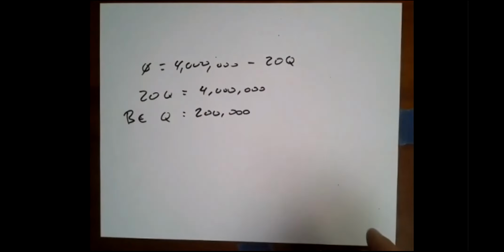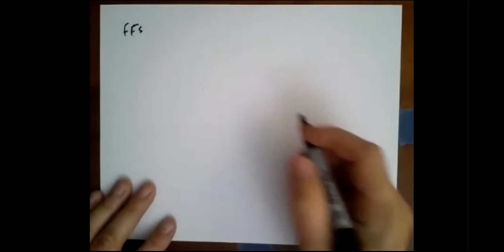One more thing I want to do before we quit, in the last 2 minutes that I've got, is I want to jump back for a moment to our fee-for-service. So going back to fee-for-service, because it's a little easier to work with.